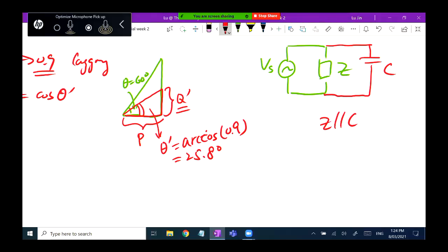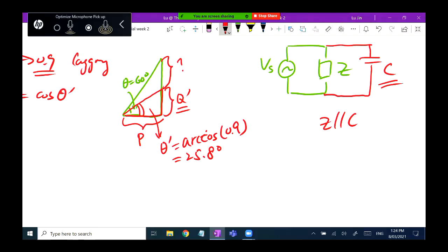But this is not what the question asks us to find. The question is asking how much reactive power is consumed by this new capacitor. In other words, we need to determine the difference between the two vertical edges of the two power triangles. Is that okay, everyone? Any questions?